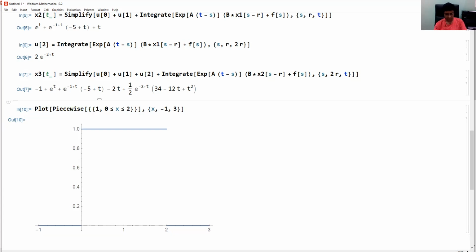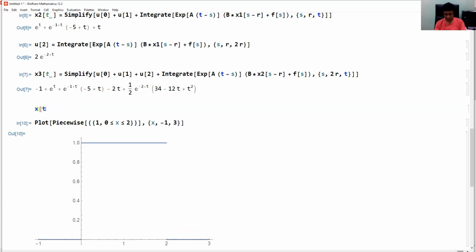So we define x of t to be the sum of the x pieces. This can also be defined using the summation symbol.